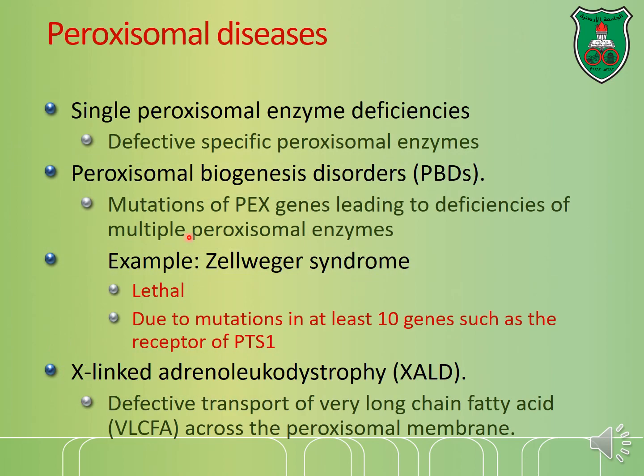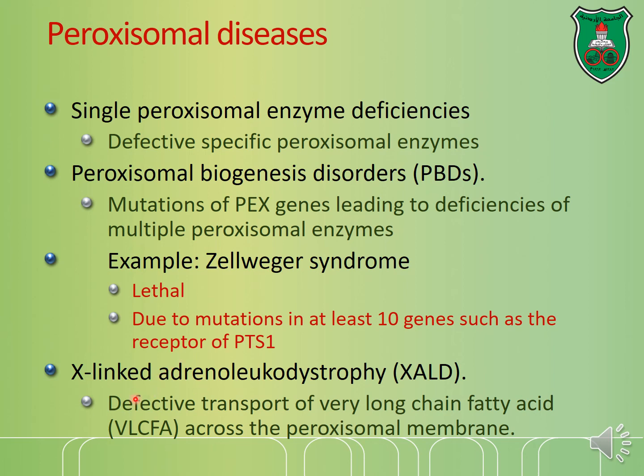Now, there are a number of peroxisomal diseases that can result from defects in specific peroxisomal enzymes, or mutations in any one of the PEX genes. An example is a disease known as Zellweger syndrome, which is a lethal disease that can be caused by mutations in numerous peroxisomal proteins.